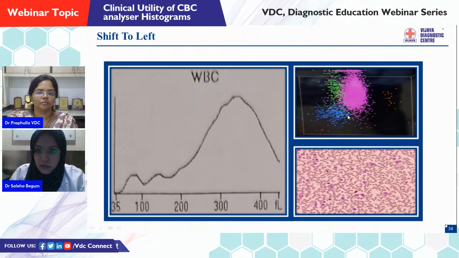And in the scattergram, the dense purple population is representing a shift to left. That means immature granulocytes are present. This could be a case of anything: leukemoid reaction, chronic myeloid leukemia, anything. So basically, whenever the patient is having leukocytosis with shift to left, we get to see these patterns.